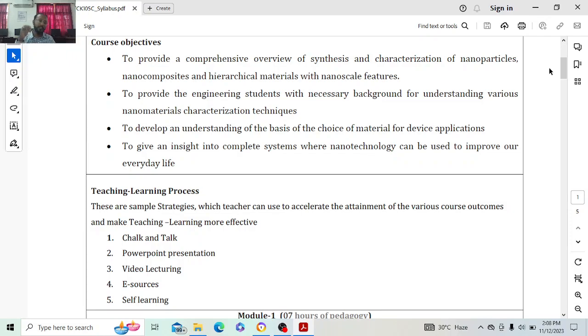When it comes to the electronics and CS field, we know Moore's law: every 18 months the number of transistors sitting in a particular area of a chip is doubled. In order to double, what you need to do? You need to keep reducing the size. So that was stagnant before nanotechnology. Now, since nanotechnology is there, we are going further and further.